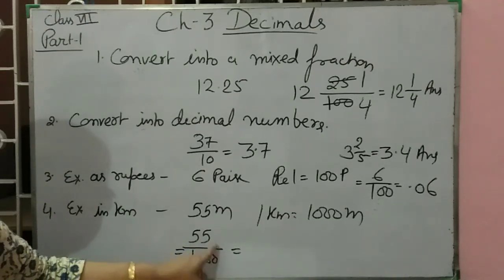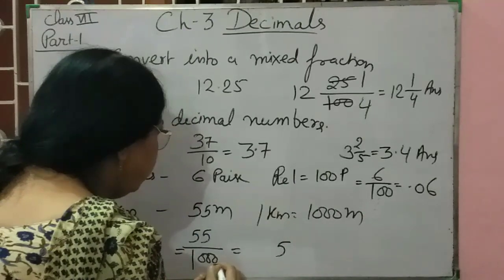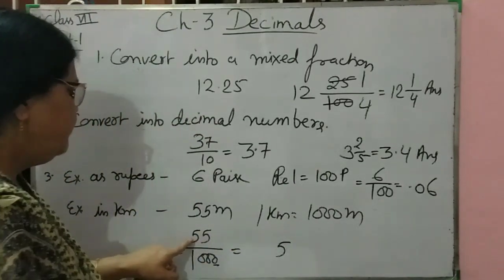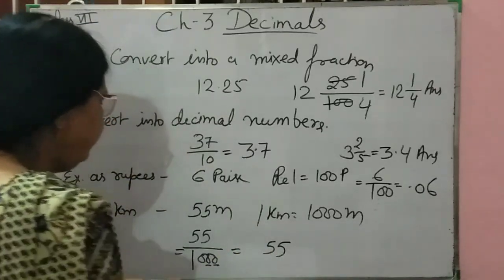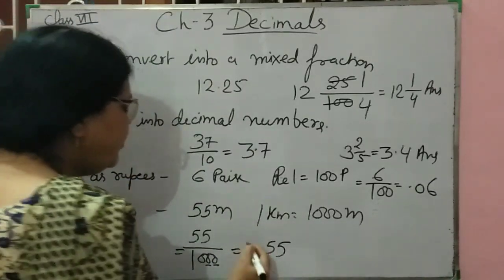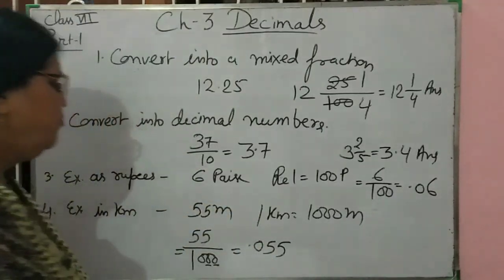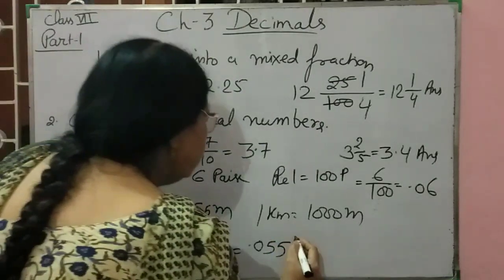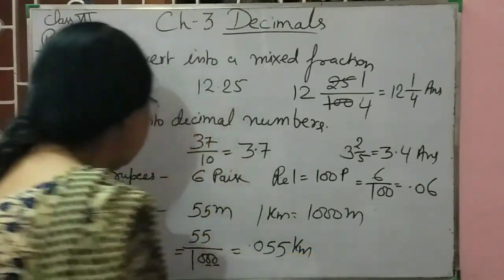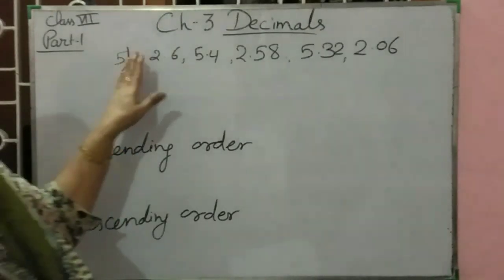Start from here. 5 in this. इस 0 की जगह ये 5 को. Next one. In this 0, 5. How many zeros are left? 1 is left and after that decimal. 0.055 kilometer.